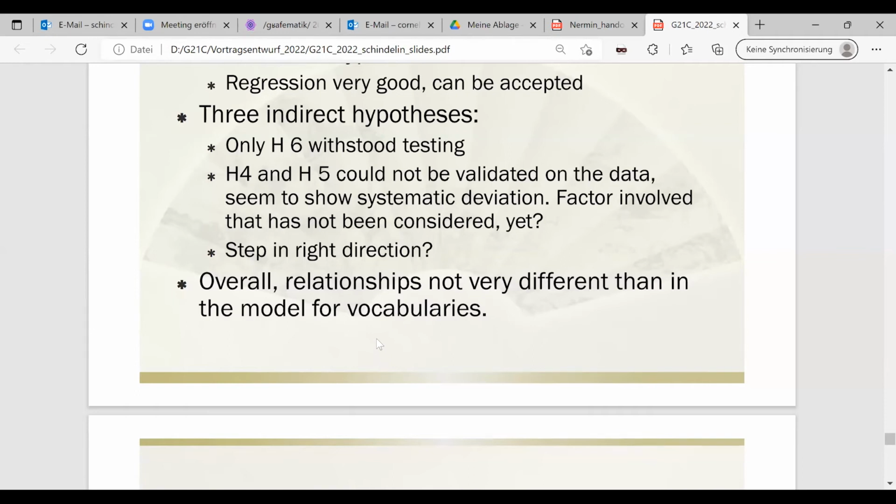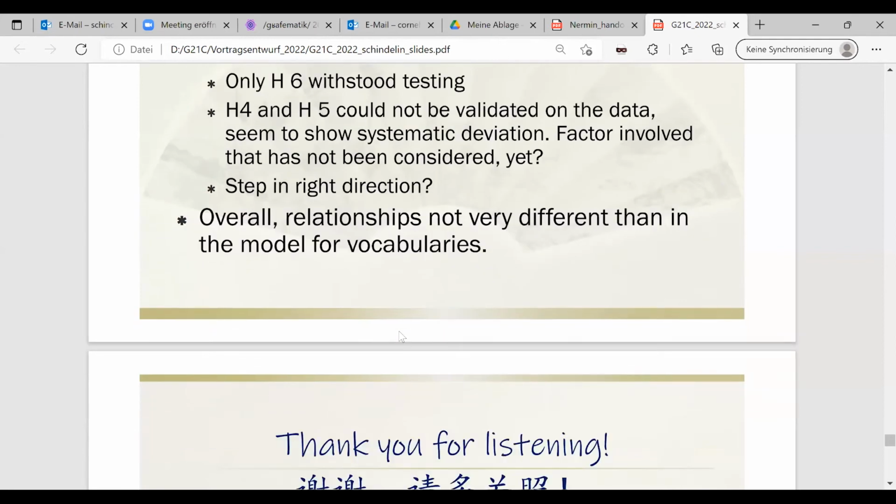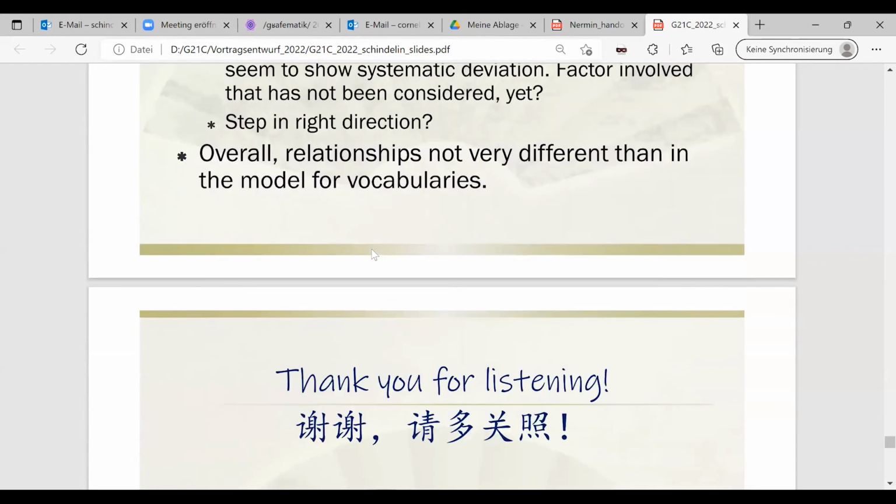Insofar as the model did not behave dramatically differently from those versions of the model that were tested on vocabularies or words, I'm very satisfied with what came out of this little endeavor. So thank you for listening.